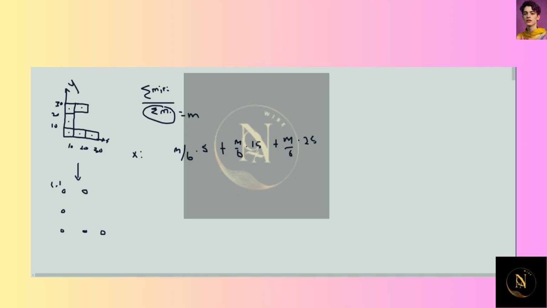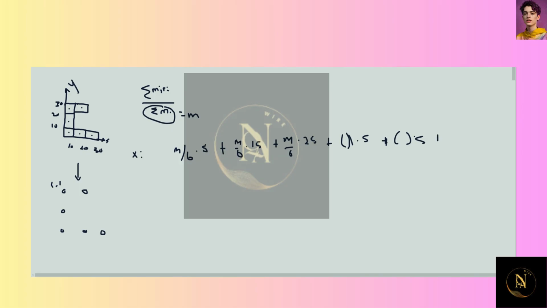So now you go up. Notice again, the x is just changing, but the mass doesn't change. So this is going to be the mass times the x coordinate here, which is 5, again, plus this one, the mass times its coordinate, which is 5 again, because we're going in the x direction only.